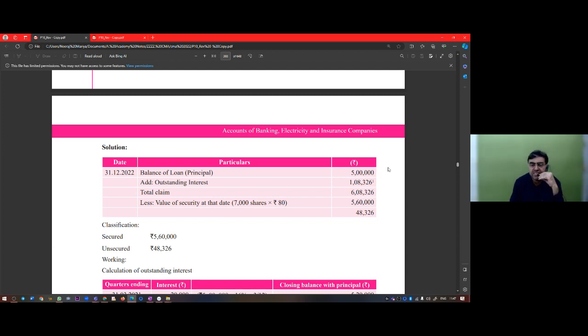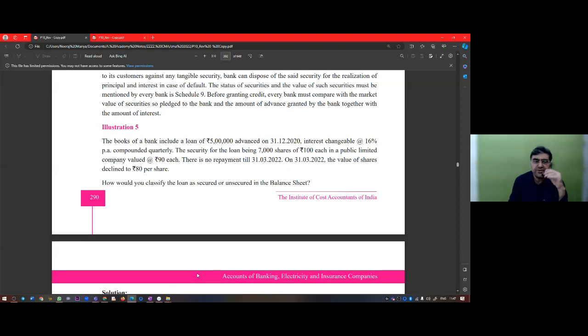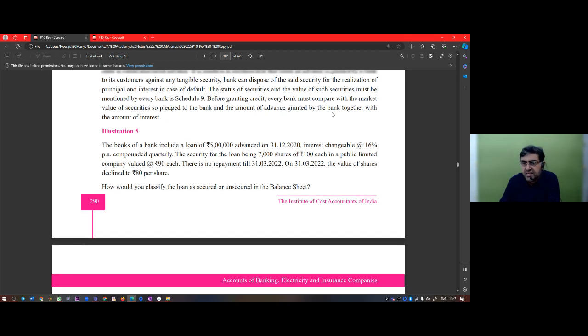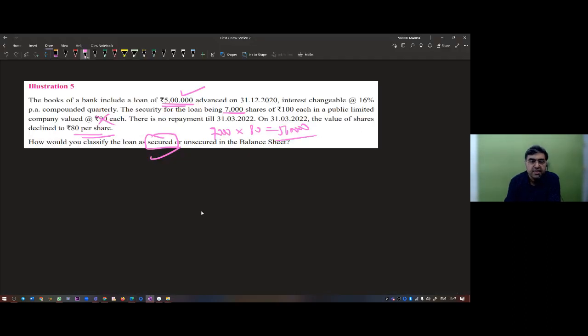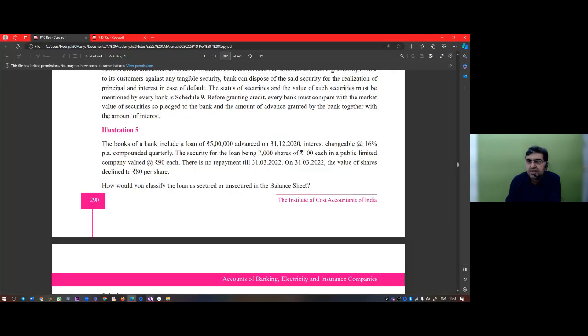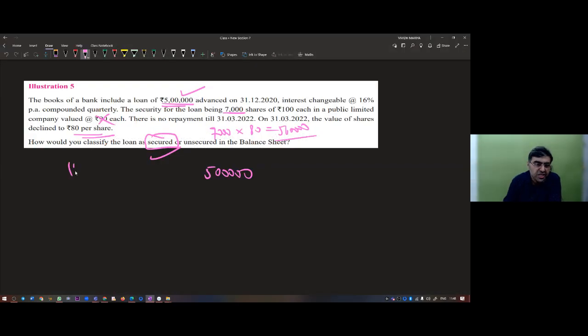5 lakhs principal. Now we talk about interest. On 5 lakhs, the rate of interest will be 16%. 16% per annum means 4% per quarter.